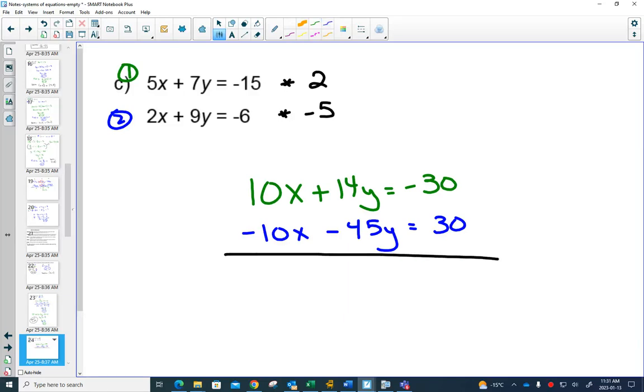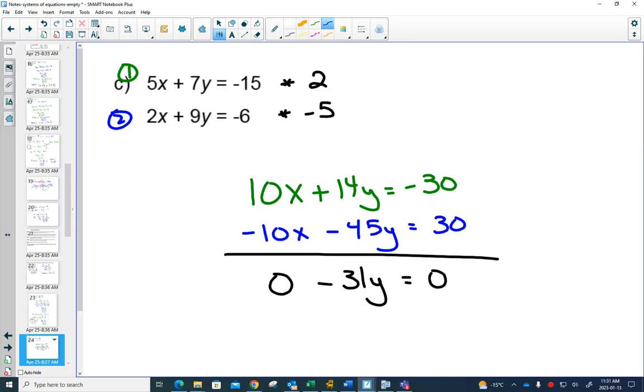When I add those together, my x's, I would get 0 x's, and then here, 14 minus 45 would be negative 31 y's, and negative 30 plus 30? 0. Oh, not too bad.